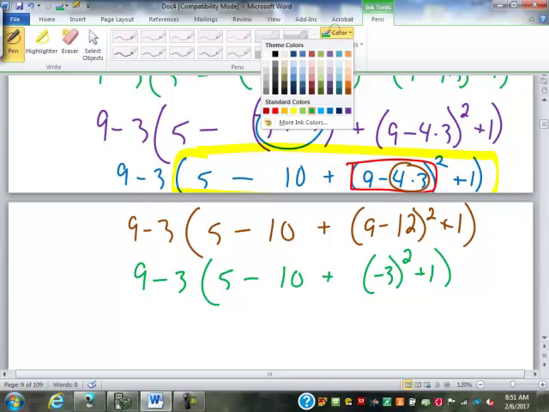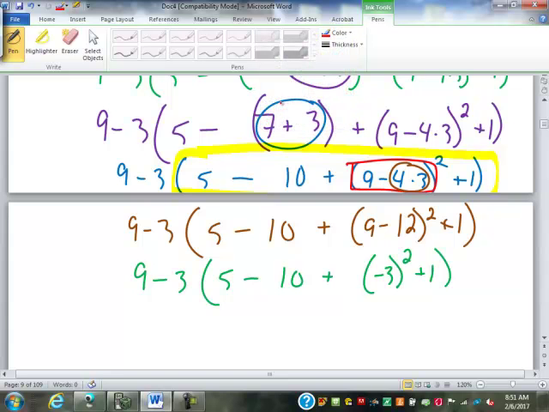Now what's in that parentheses is down to a single number, just the negative 3. Normally I'd leave the parentheses there just to kind of separate that negative 3 because it is a negative. But there's something I have to do here now. It's got an exponent. Now technically I have to go back out to this larger parentheses because I am done inside this parentheses. I'm down to a single number.